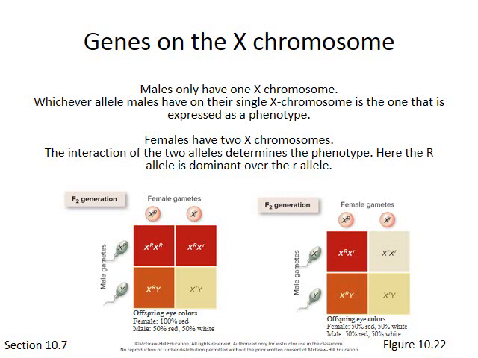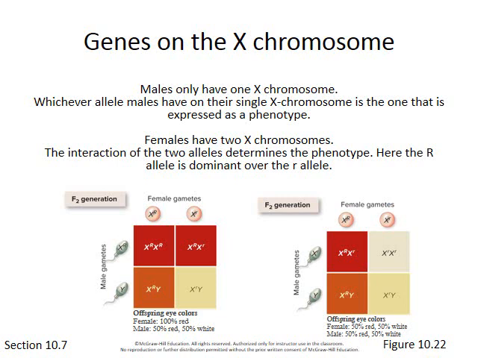If it's recessive, it will be expressed because there's no other allele to go with it. Females have two X chromosomes. So they interact just like all of the other alleles that we've been talking about. It could be heterozygous, it could be homozygous recessive, homozygous dominant. There are two alleles because there are two X chromosomes.